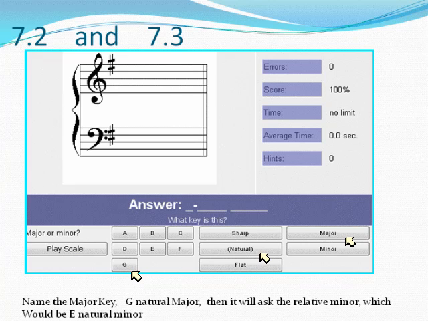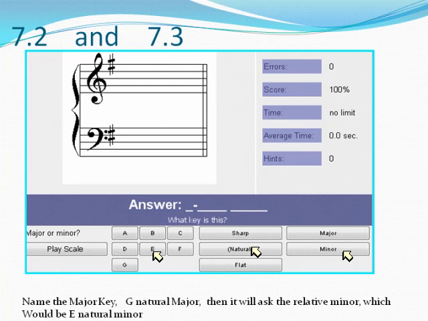Then it will ask you to find the relative minor. So if it's G major, and again, I would have my keyboard there and figure it out. I would figure it out before I started clicking on this. If it's G major, then the relative minor is E natural minor.